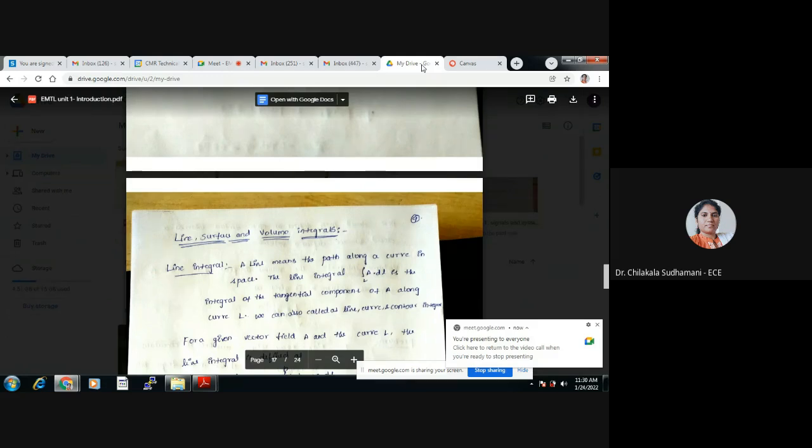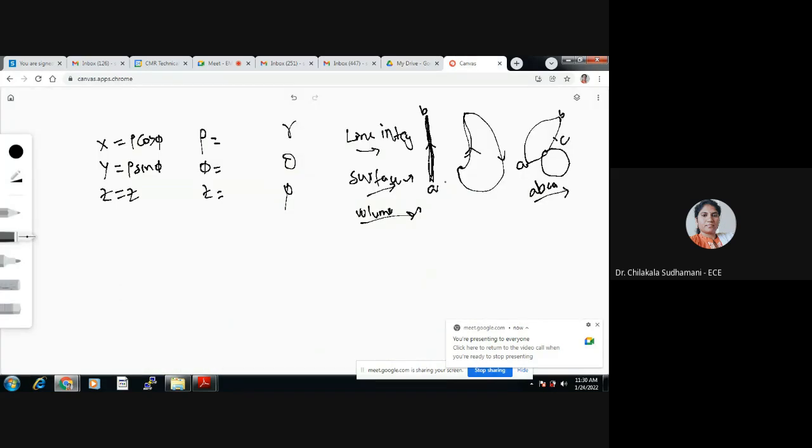So how do we find the line integral? I'm considering a vector field A, a vector present somewhere. What is the total field present throughout this line?